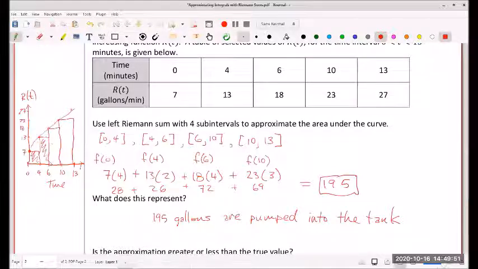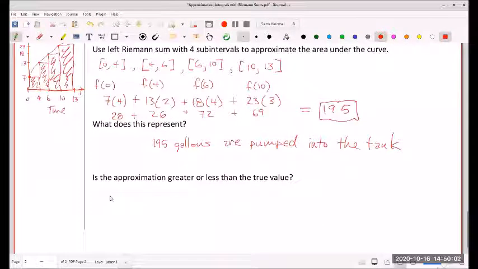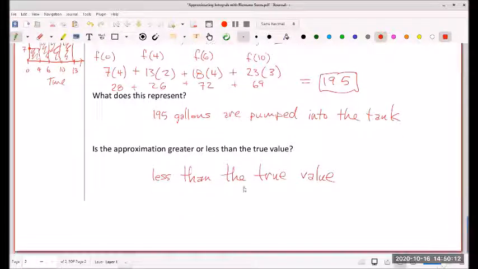And we can very clearly see then that this is actually an underestimate of the area under the curve because of these little almost triangular regions above each of the rectangles that we're not counting. So this is less than the true value. And that's it.